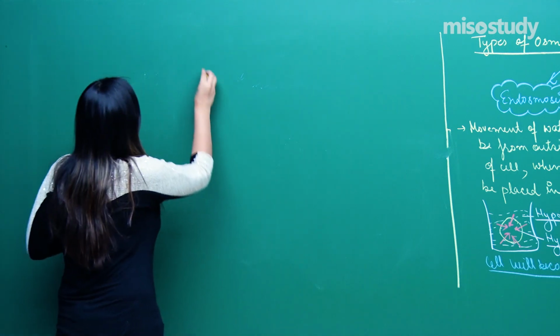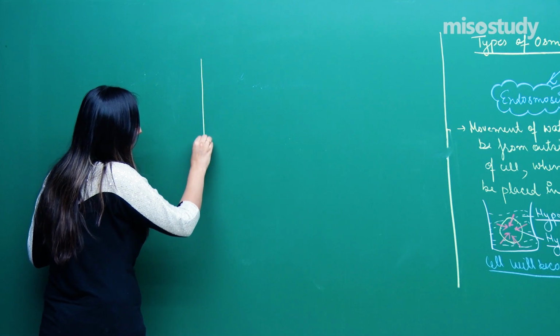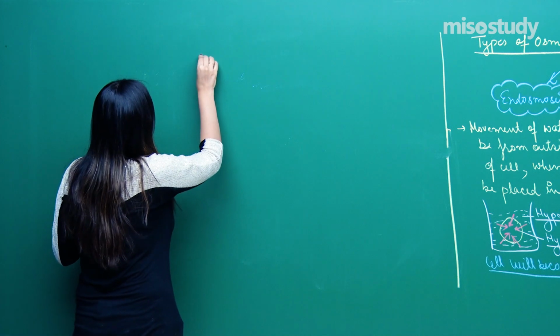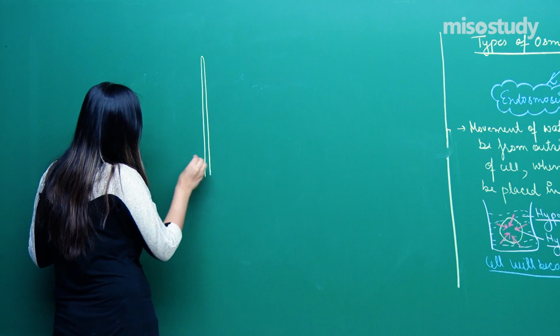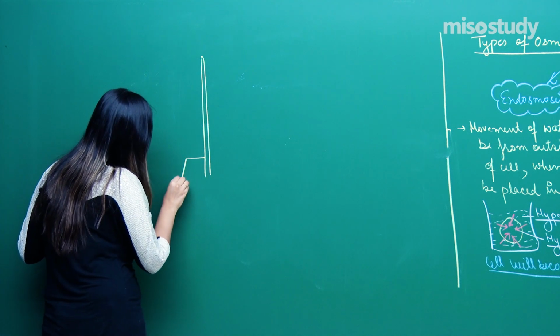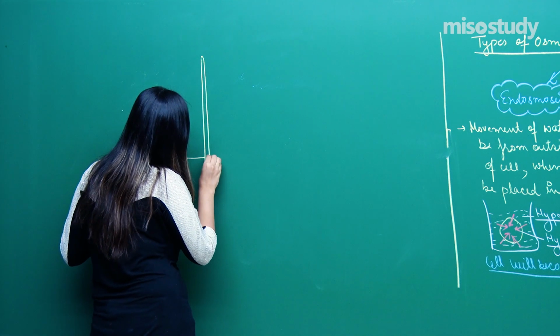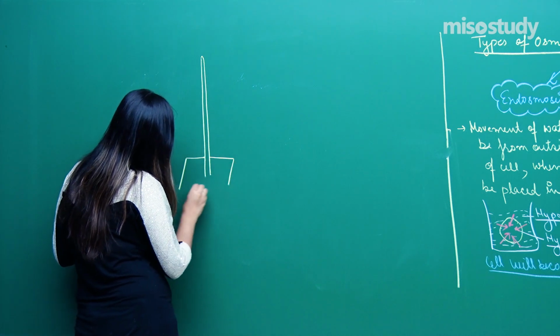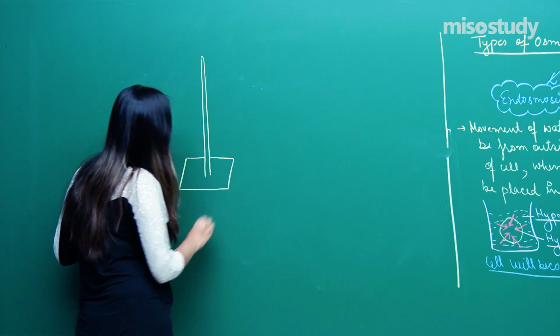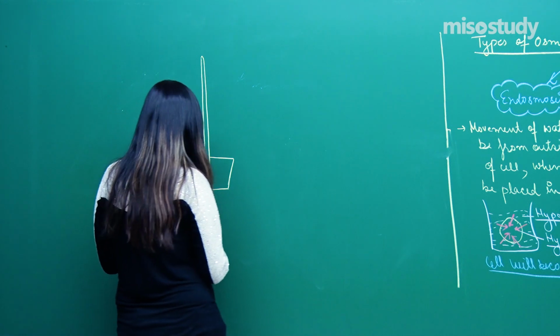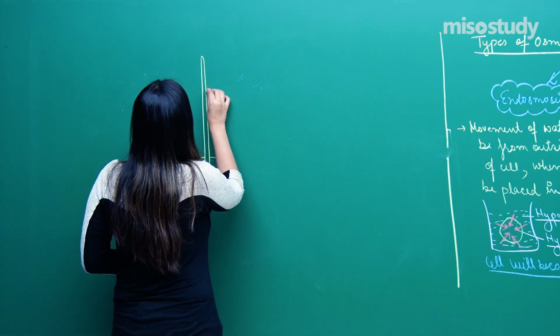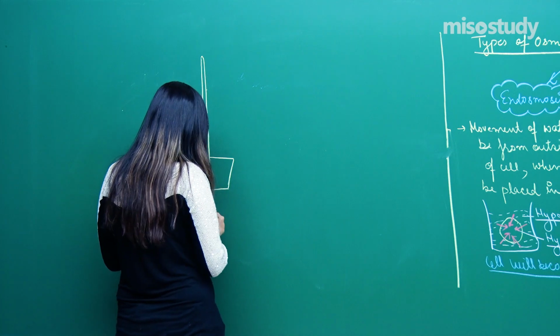So, suppose this is a stand, let's do an experiment. This experiment is mentioned in your books. So, just remember how this happens. This is a stand, right? On this stand, I have one beaker over here.